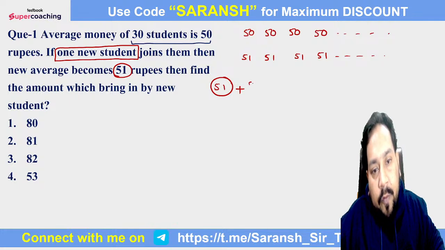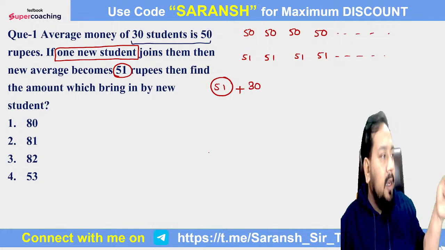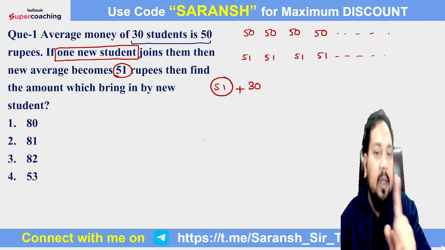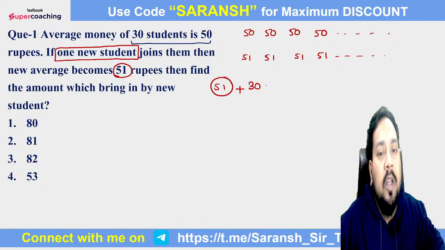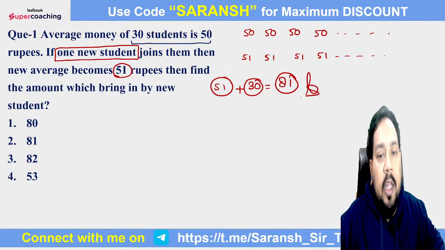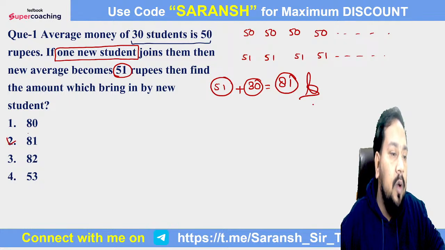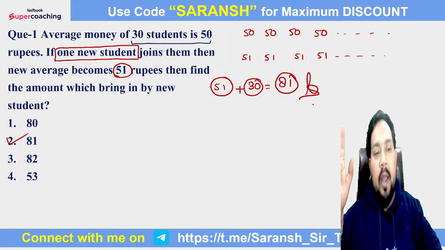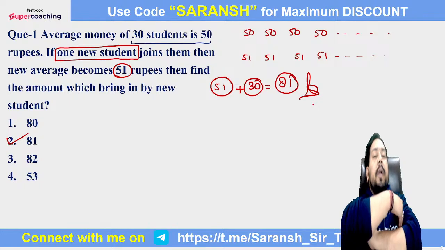It means 51 that the new guy has, and the 30 rupees which were distributed, that is 81 rupees he took from his house when he joined.